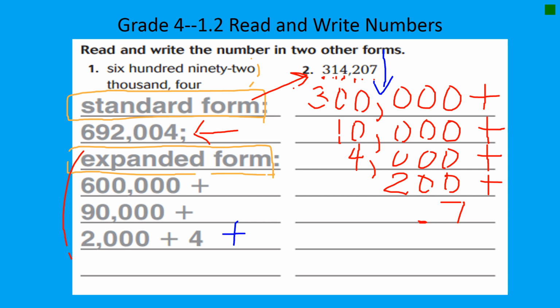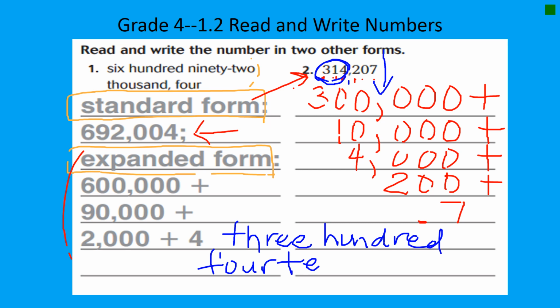So I have to write 314, because the comma is right there. 314,000, put a comma there.